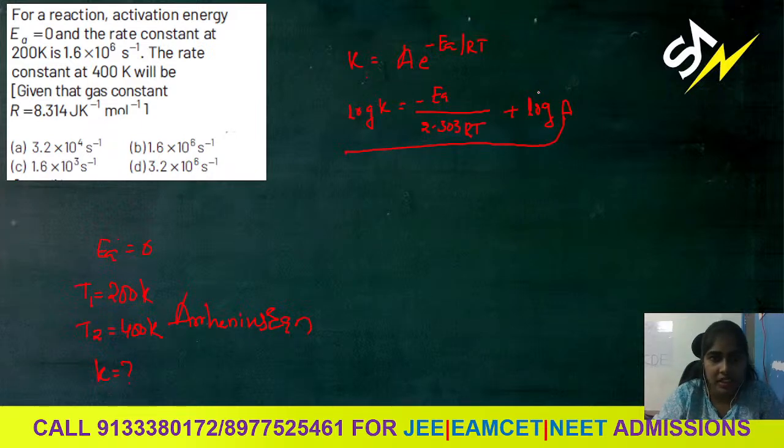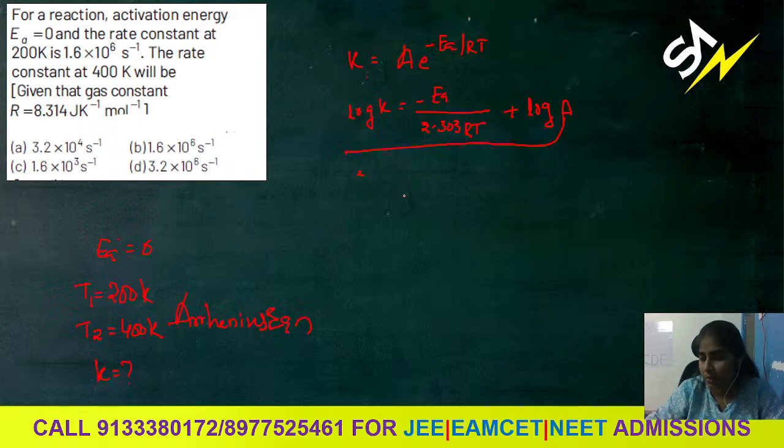So what is given? If A is 0, e to the power of A is 0, and the temperatures given are T2 and T1 as 400 and 200 Kelvin.